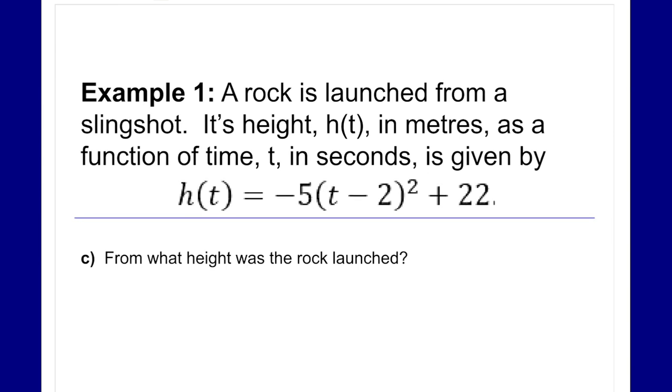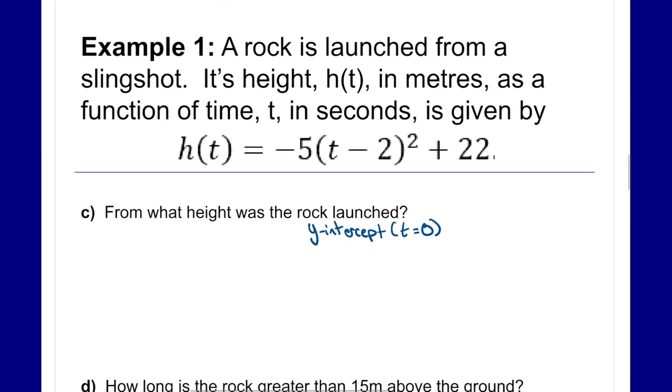The last question is, what is the height of the rock, or from what height was the rock launched? So this is basically asking, what is our y-intercept? When we're looking for our y-intercept, or basically when x is equal to 0, or in this case, when our time is 0.